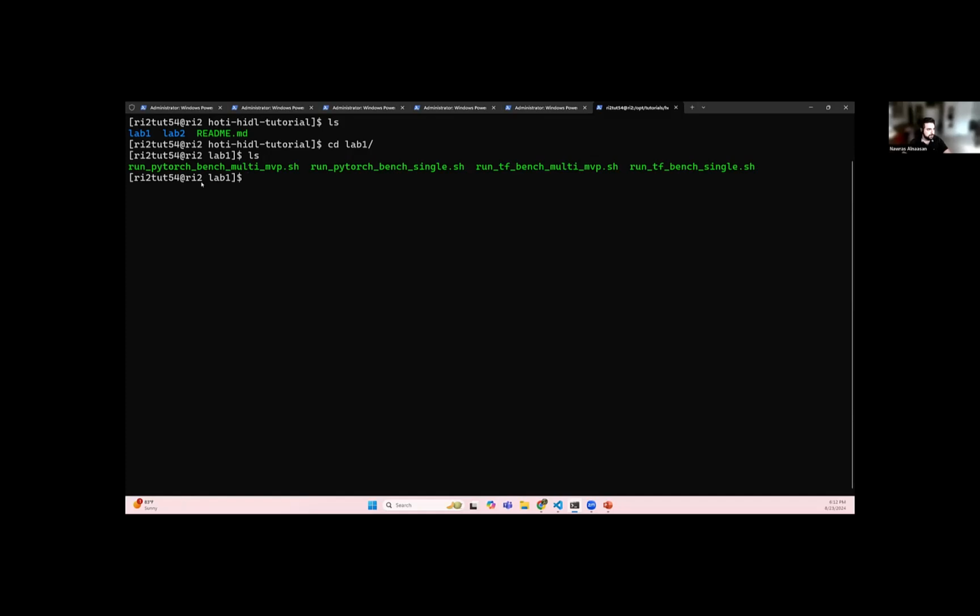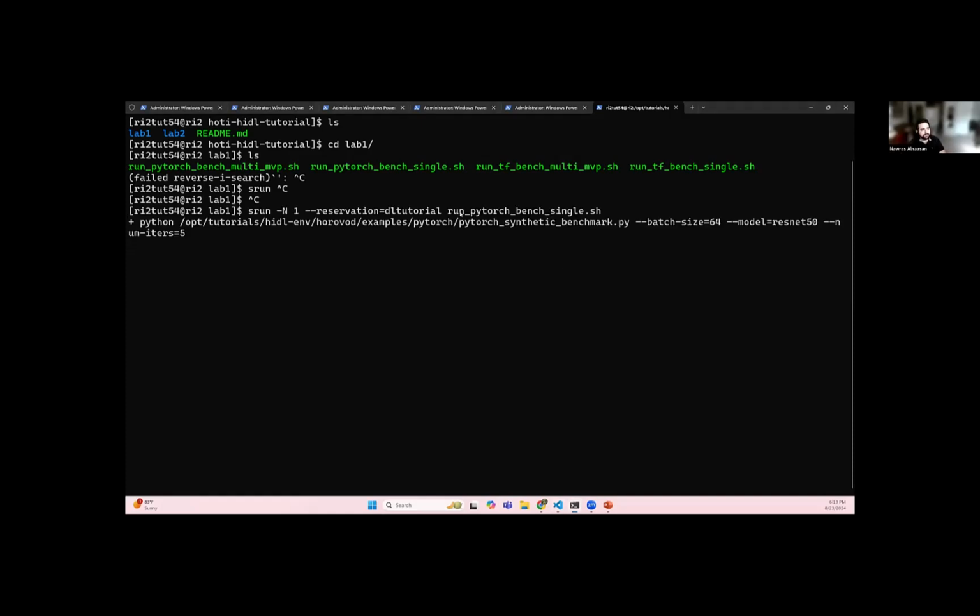Okay, so the first thing we're going to do is srun. Maybe let me just copy the command. So we're going to run this PyTorch benchmark single, so a single GPU, and it's a bash script. It will call this Python script here.